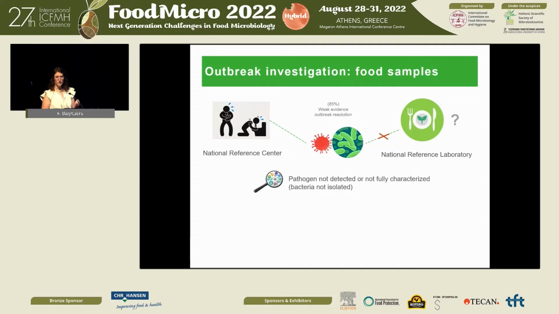So we cannot say which food caused the foodborne outbreak. This might lead to the outbreak continuing, so more people being infected, or the wrong foodstuff might be incriminated, and this leads to economical losses.